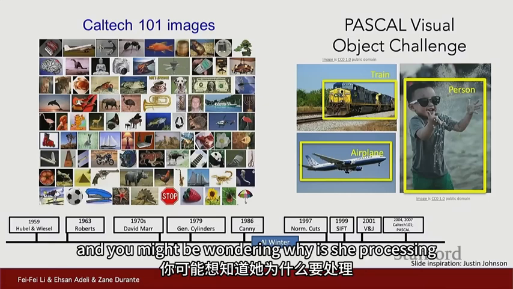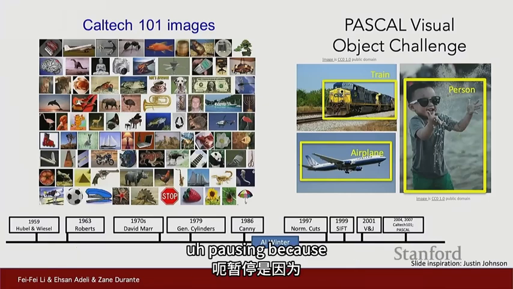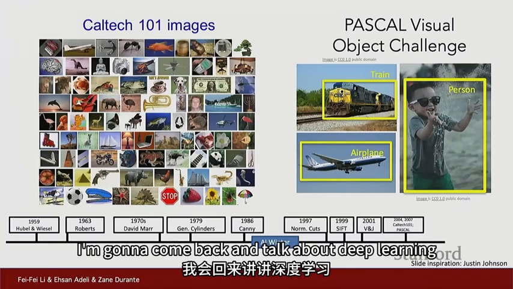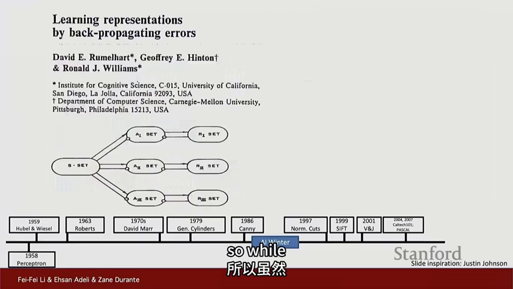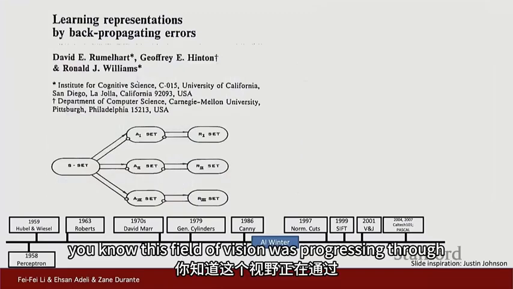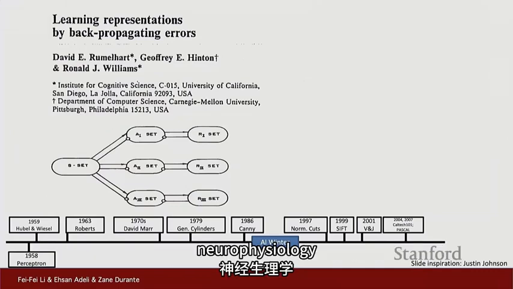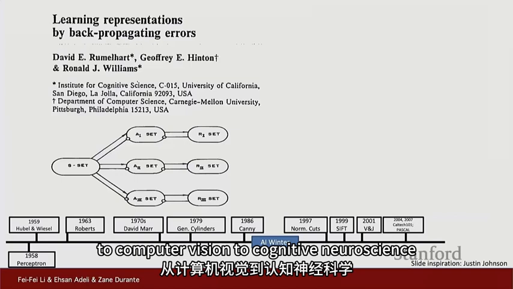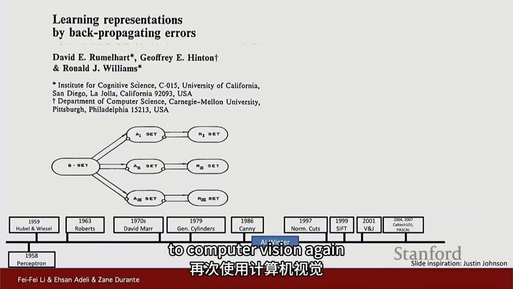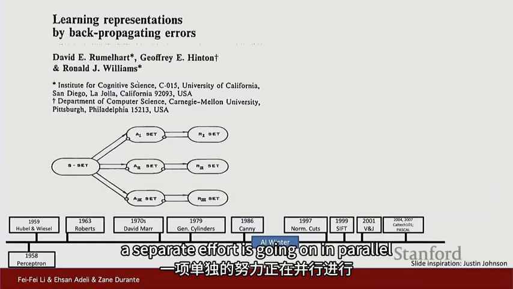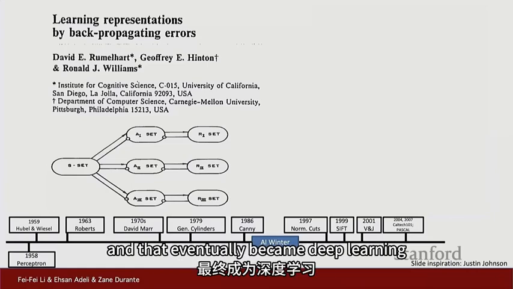You might be wondering, why is she pausing? Because I'm going to come back and talk about deep learning. While this field of vision was progressing through neurophysiology to computer vision to cognitive neuroscience to computer vision again, a separate effort was going on in parallel, and that eventually became deep learning.